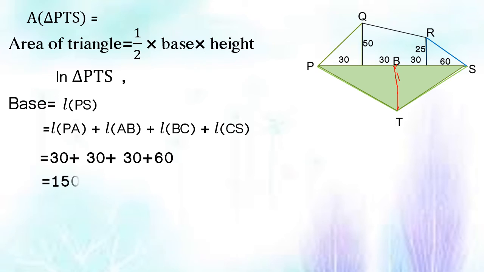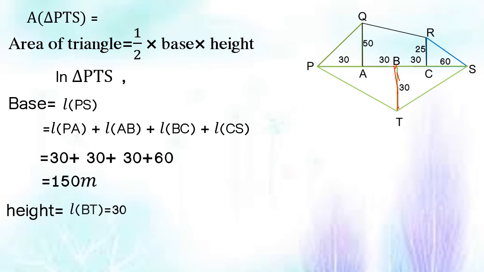So in total it will be equal to 150 meter. So PS is the base of triangle PTS, made of PA, AB, BC and CS. And the height of this triangle is BT, which will be equal to 30 meter, right?